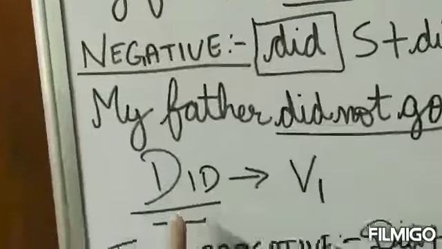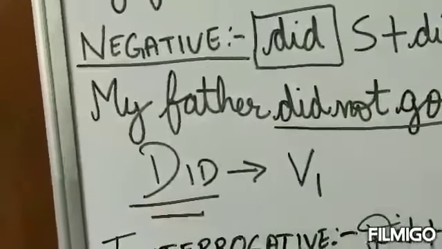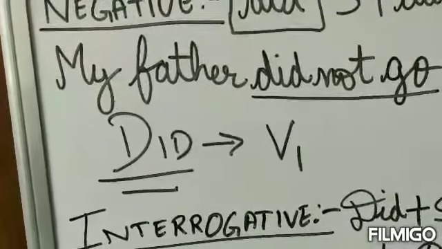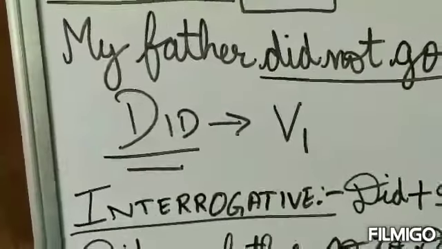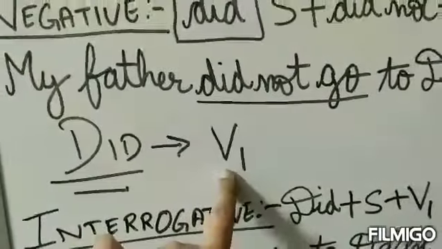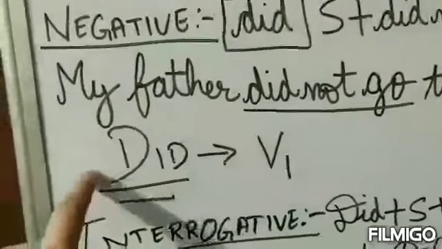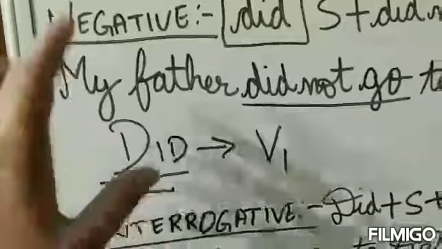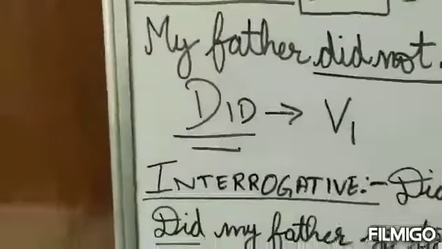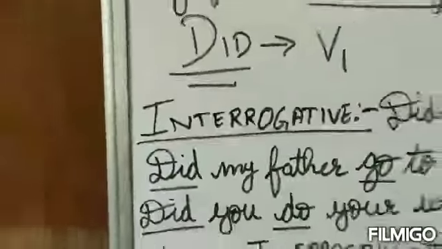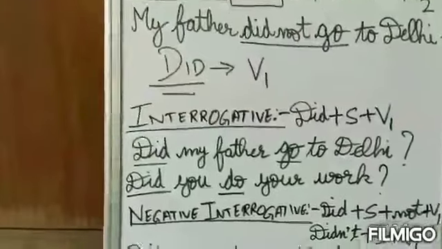Actually, when we write did, it confirms the tense of the verb, that it is in past tense. So with did we use the first form of verb, the root form of verb, but the tense is told by did in that sentence.